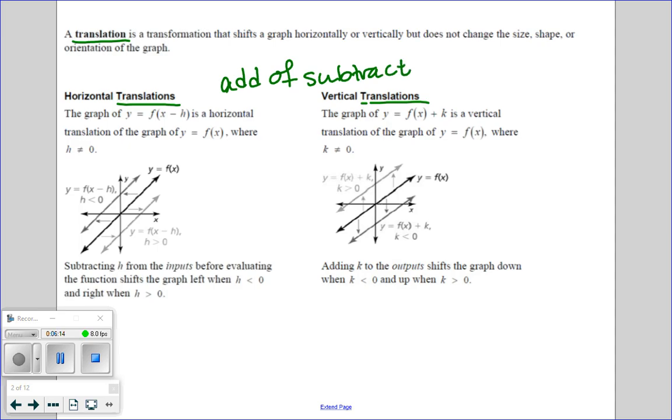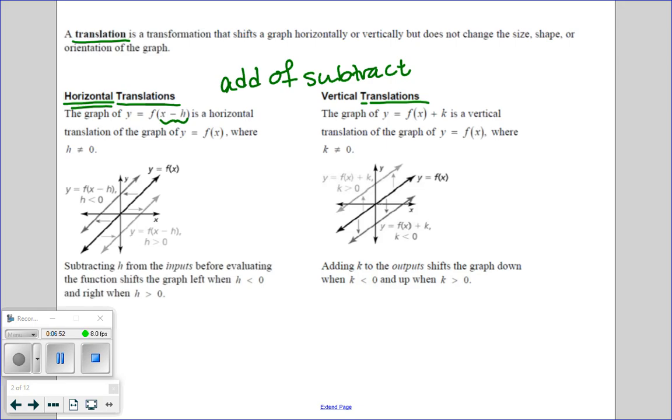Okay? Now, we've said this a little bit before, but if the change is happening inside the parentheses of f of x, remember, f of x, that function notation, is designed so that whatever's in the parentheses is your input. Do you remember that, right? When I say f of x, or f of t, or f of r, whatever's inside that parentheses, that is our input. So every time we see any change happen inside that parentheses, it is happening to our x coordinates horizontally on that x-axis.